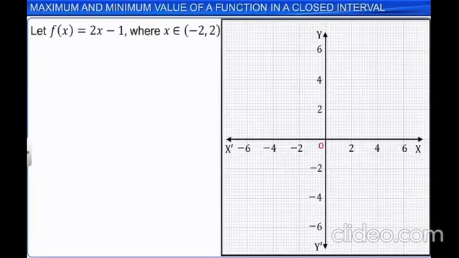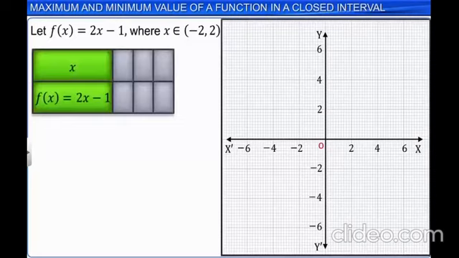Consider a function f(x) = 2x - 1, where x belongs to the open interval (-2, 2). The ordered pairs satisfying the function f(x) are (-1, -3), (0, -1), and (1, 1).